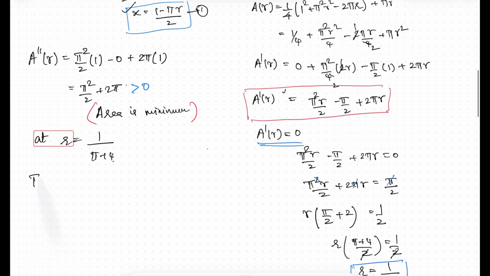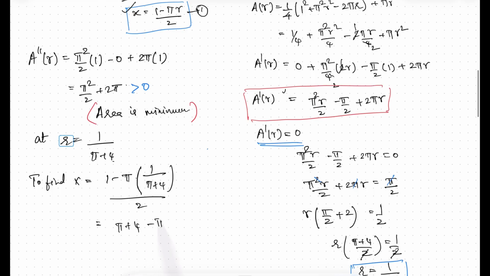Now let me find x. x is given by (1 minus pi times r) divided by 2. So it is (pi plus 4 minus pi) divided by (pi plus 4), divided by 2. Pi minus pi cancels out, and I can write it as 2 upon pi plus 4, which is your x.